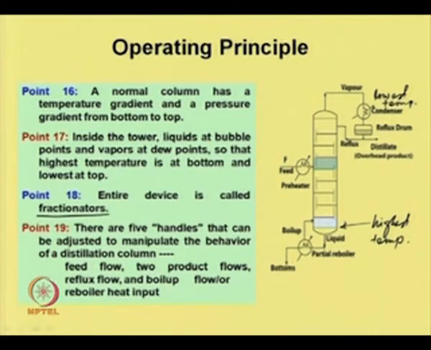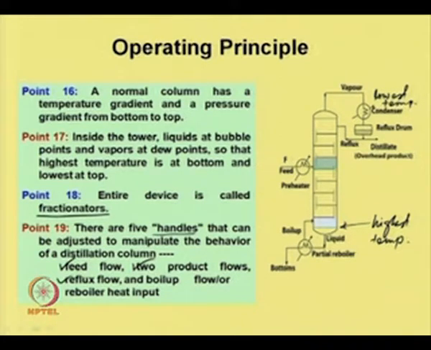So, there are 5 handles that can be adjusted to manipulate the behavior of a distillation column. What are those? Feed flow: we can change the feed flow rate, and we can change the feed conditions as well. Two product flows, that means bottoms and the distillate.